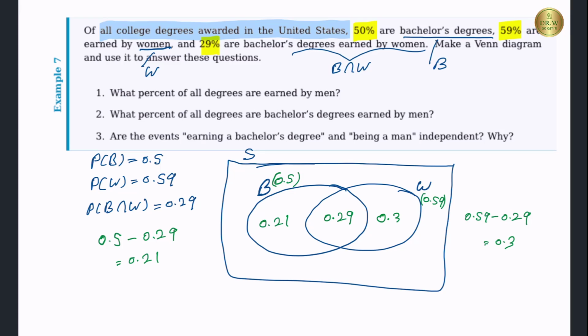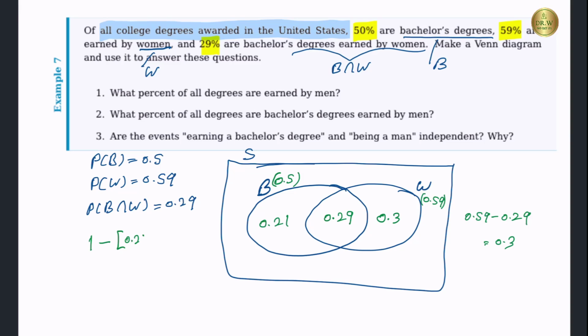0.3 goes here. Then we need to fill the area out of the circles. So how do we find the probability out of the circles? We know the sample space, always probability is 1. Therefore 1, now we subtract all the probabilities in circles.